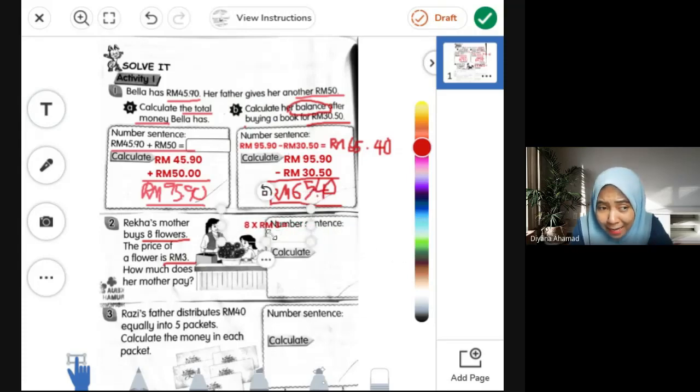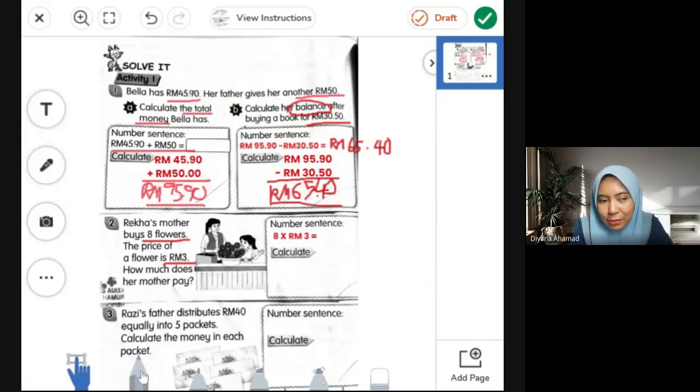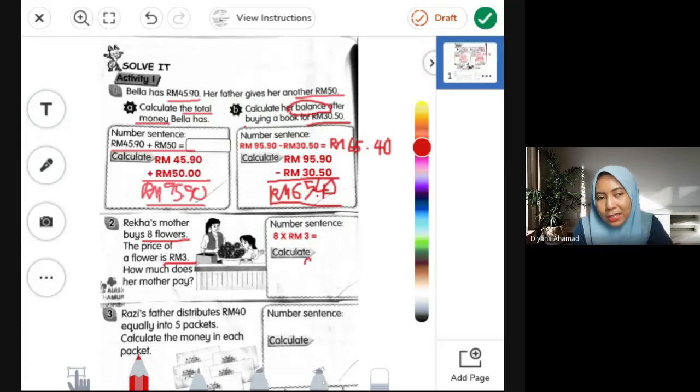Then you can find how much Rika's mother needs to pay for the 8 flowers. Ready to do the calculation. I use my pencil, and you arrange 8 times 3 ringgit. Please arrange properly.